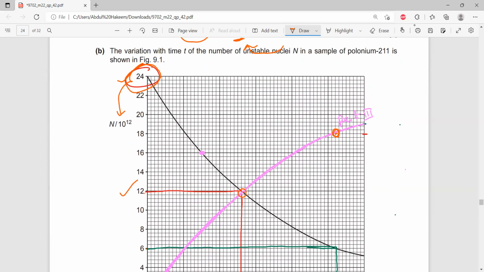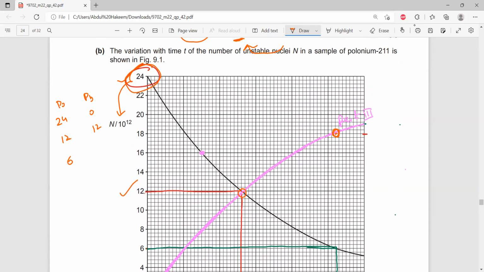Look, initially polonium is 24 and the lead is 0. After half-life, this becomes 12. It means 12 decays, and decays converted into the lead after first half-life. And the second half-life, it becomes 6.